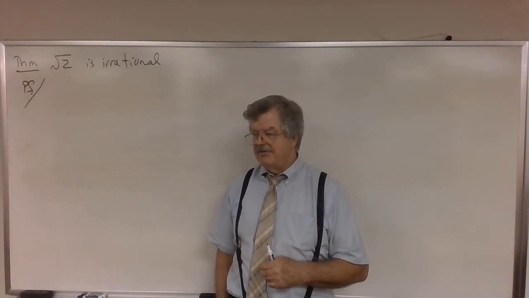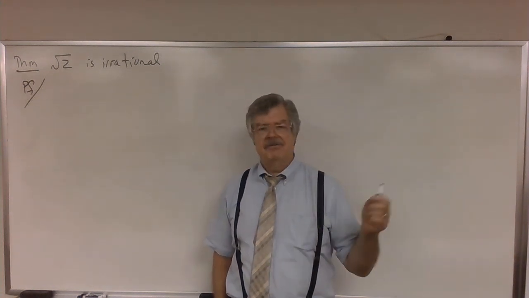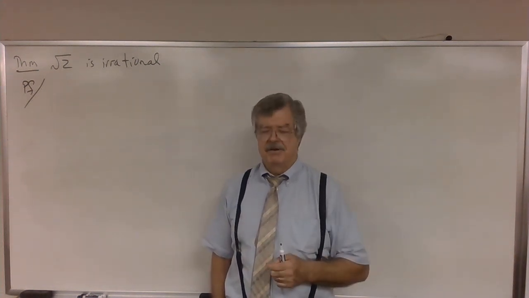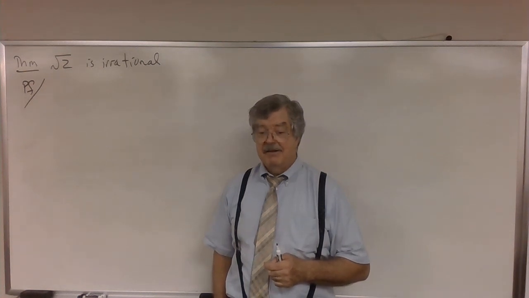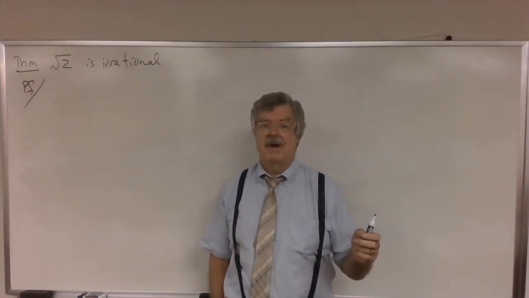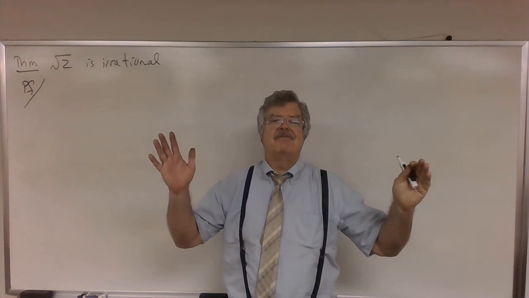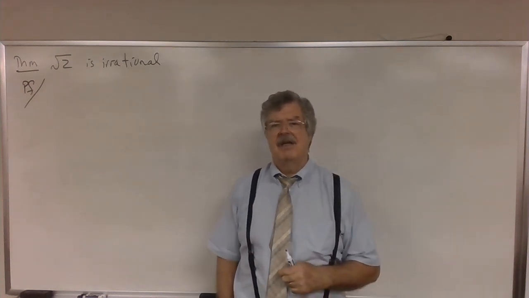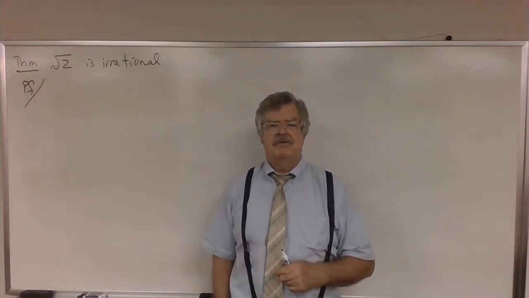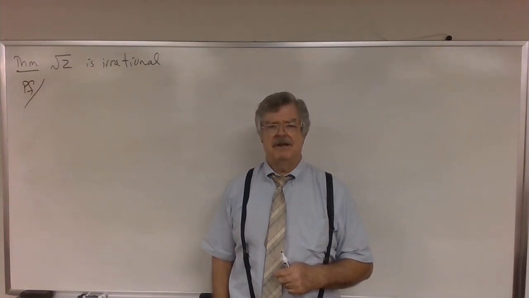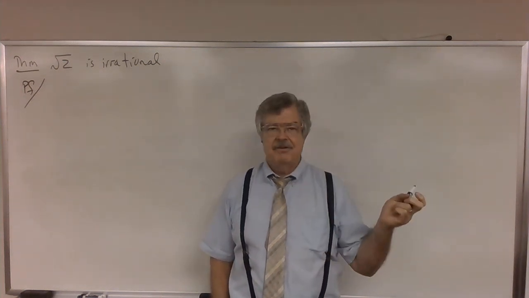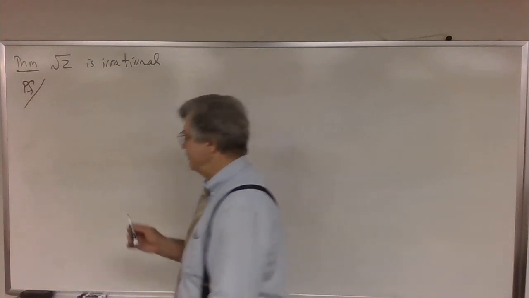So in this case, where I have absolutely no idea what to do, and it's not a conditional statement, so I can't put it in if-then form and assume the hypothesis, what I'm going to do is do the proof by contradiction. I don't know what else to do, so I'll try by contradiction.